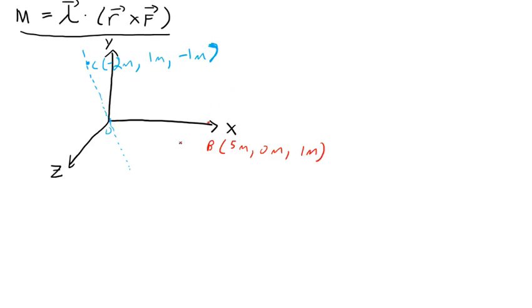And then let us add a line of action for this force that passes through point D, which has coordinates, let's say, 7 meters, comma, 3 meters, comma, negative 2 meters.